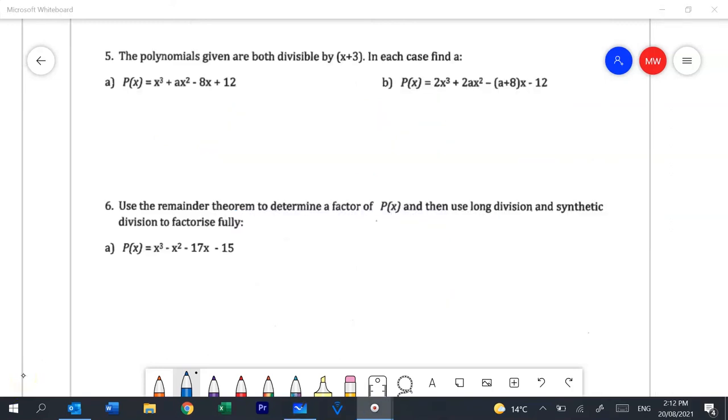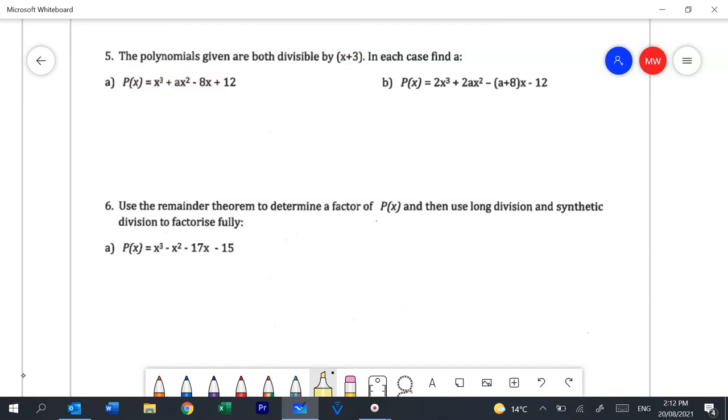Now let's see what happens when we've got a polynomial that we're told can be divided by x plus 3. So here's our polynomial here. We're told it can be divided by x plus 3, but what we're trying to find is an unknown value in here, which in this case is a.